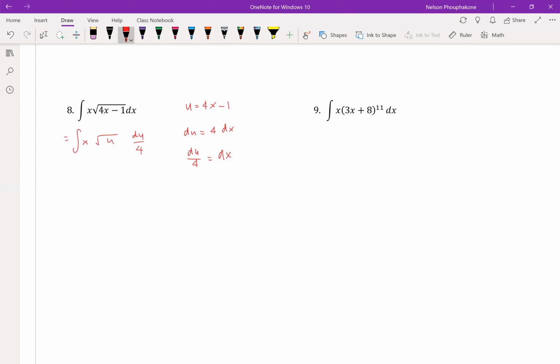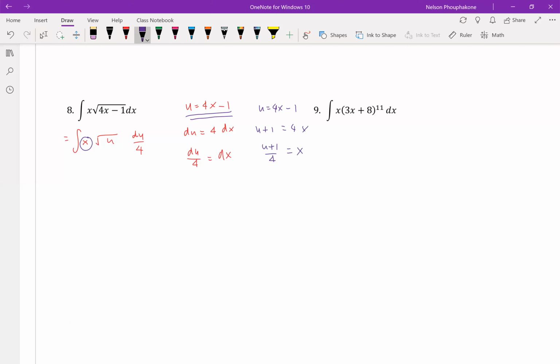Now what I need to do is take care of this x right here. So how do we actually do this? Here is one thing that I could do: if u equals 4x minus 1, then u plus 1 is equal to 4x, and u plus 1 over 4 must be equal to x.